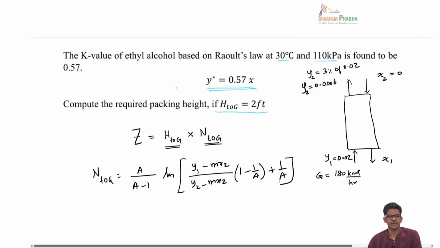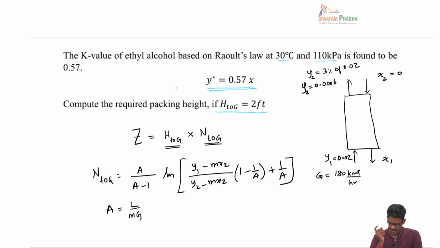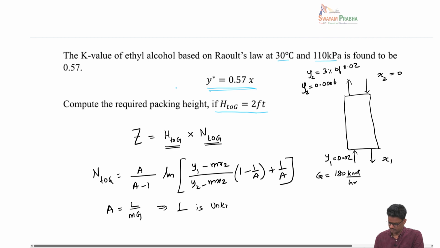So what are the things I know here? Do I know A? What is A? A is L by mG. m I know, G I know, but I do not know L. So L is unknown. What about the terms inside this logarithmic term?